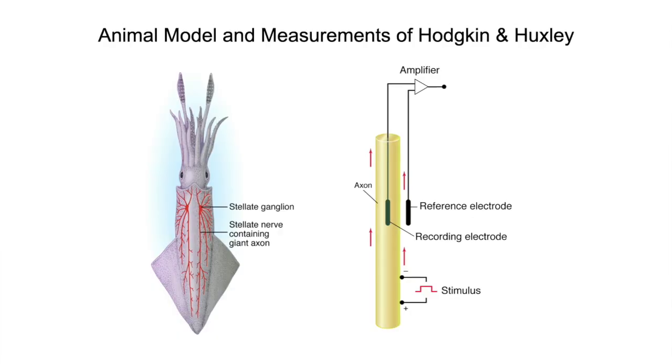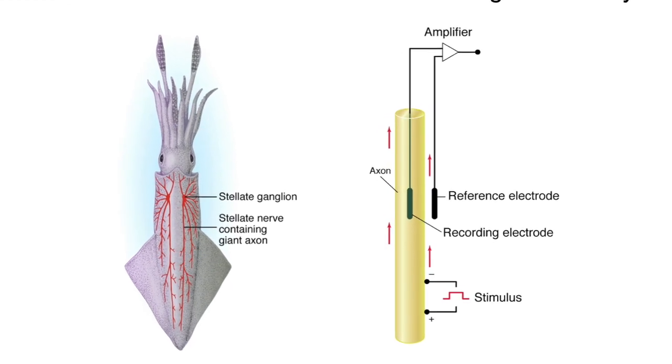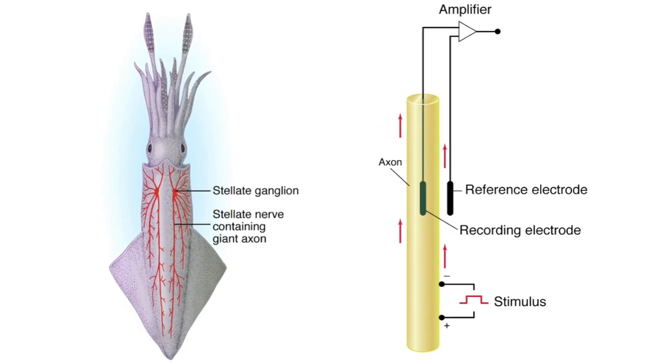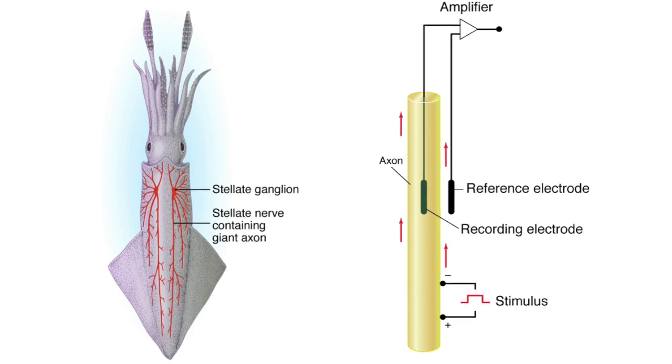Here is a diagram of the Hodgkin and Huxley experimental preparation. So here you see the squid and the very large axons that gave them access. Now, large is a few millimeters in cross-section, just to keep things under control here. So this is not truly giant, but it's certainly giant compared to a cardiac myocyte or many of the mammalian neuron cells, which again are down on the micron size scale.